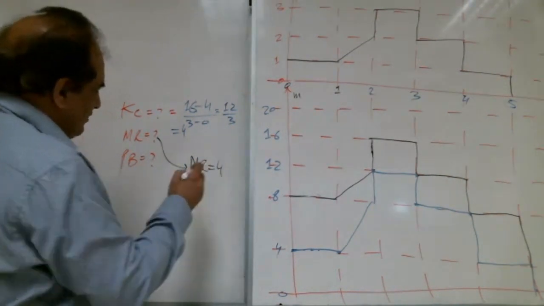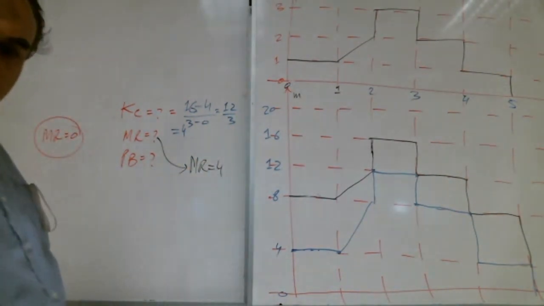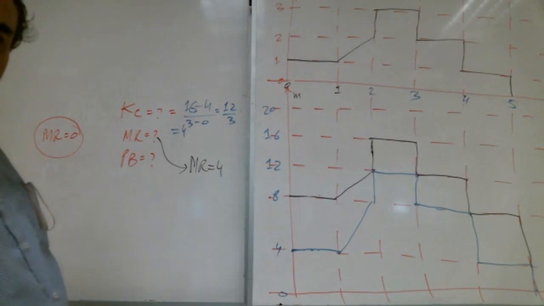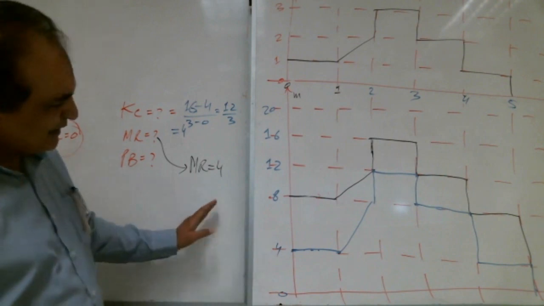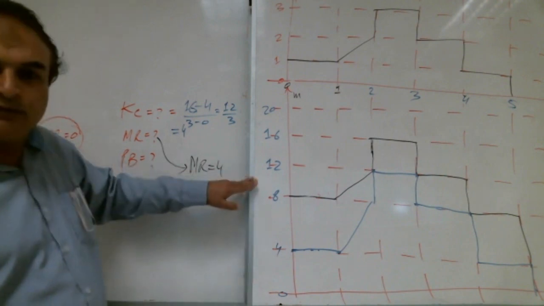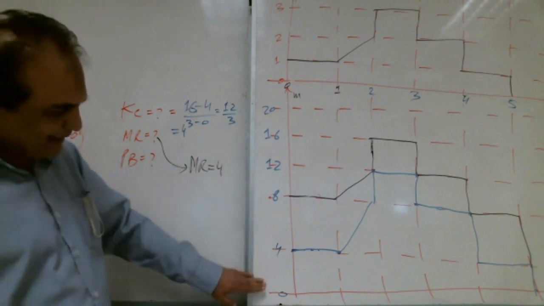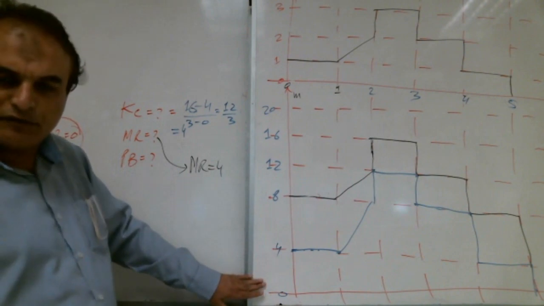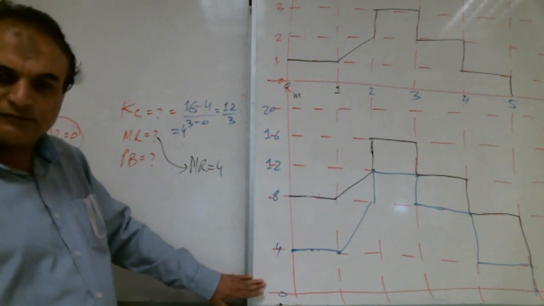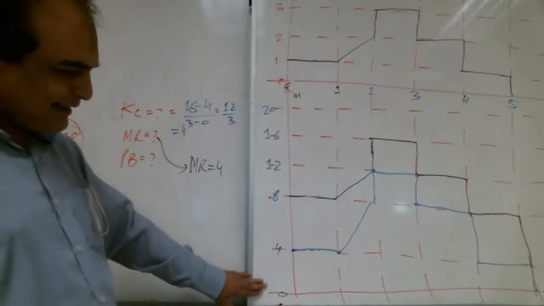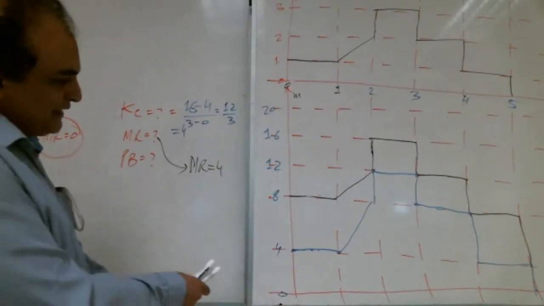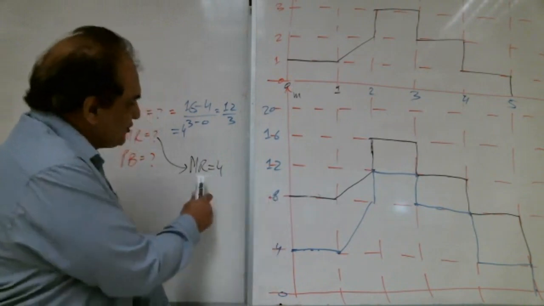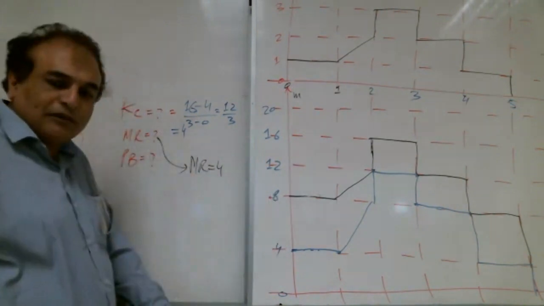So MR is how much, Shabab? 4. Because we just discussed, if the MR is positive, it will go up. And if MR is negative, it will go down. Again, we cannot have a negative MR, but theoretically we are just talking. So it has been shifted up 4. So it means MR is 4.